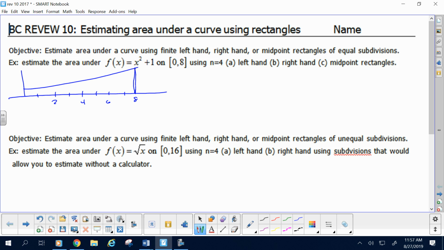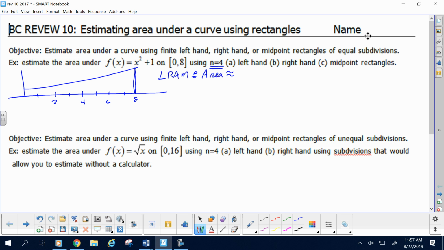If I were to use left-hand rectangles and 4 of them, then wouldn't my LRAM, or left rectangle approximation method, be something like the area is approximately equal to?